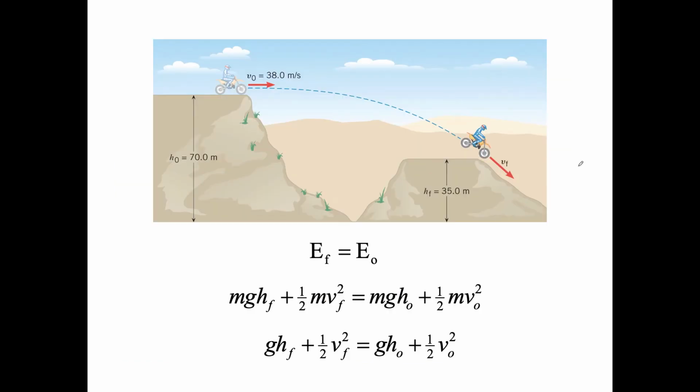So we build our conservation of mechanical energy equation. Final mechanical energy equals initial mechanical energy: PEF plus KEF equals P0 plus K0. Every term has M, so M cancels. What are the quantities that we already know? We know the initial velocity, the initial height, G, and the final height. We want to find the final velocity, so we solve for it from this equation.